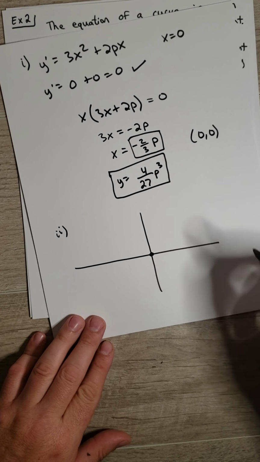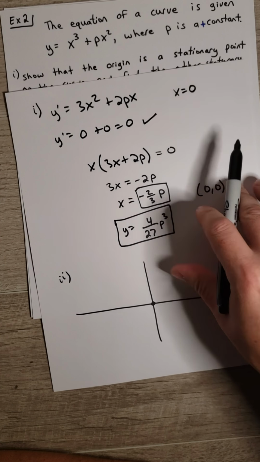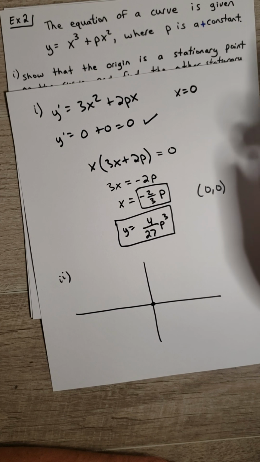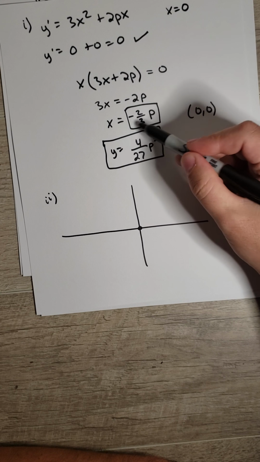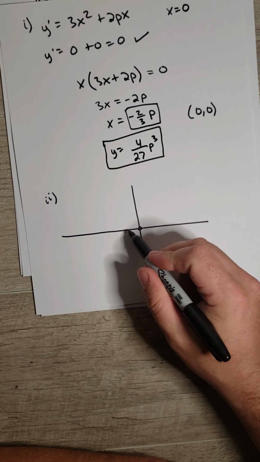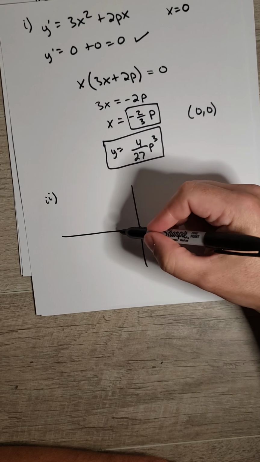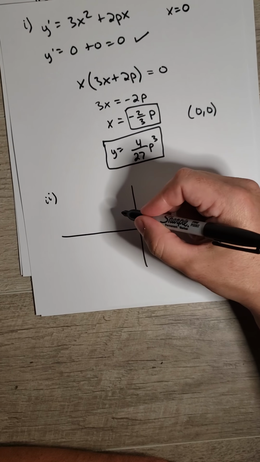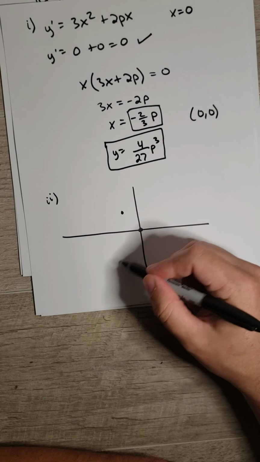So the origin's obviously here. Now, remember, what was the one key thing they said about p? It was a positive constant. So no matter what p is, if it's positive, that means the x value here is a negative. So it's going to be some negative value. And this means y is going to be some positive value. So it could be somewhere over here. It could be higher, it could be lower, but it's never going to be down here.